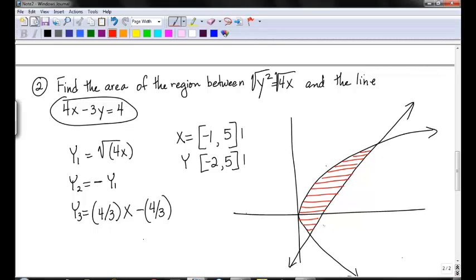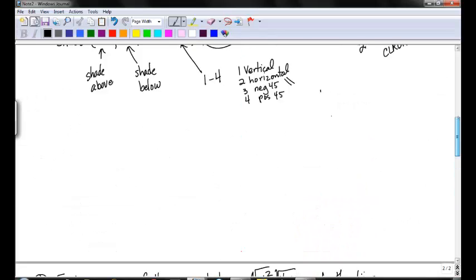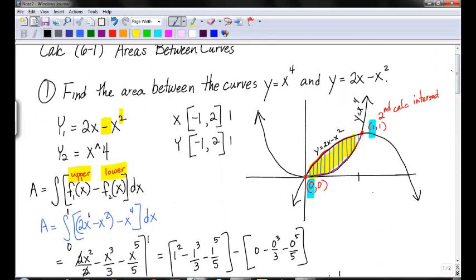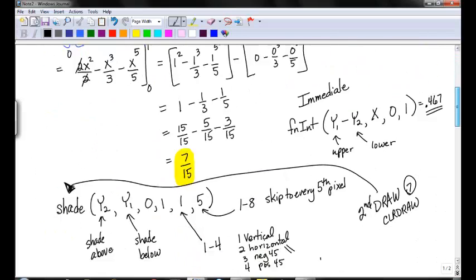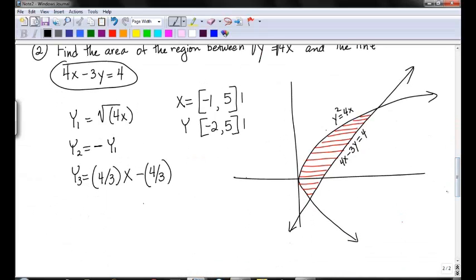Okay, let's label this curve. This one is y squared equals 4x, sorry. And this curve is 4x minus 3y equals 4. Notice back up here, when we integrated with vertical slices, we had to use the x part of the ordered pair. When you integrate horizontal slices, use the y part of the ordered pair.